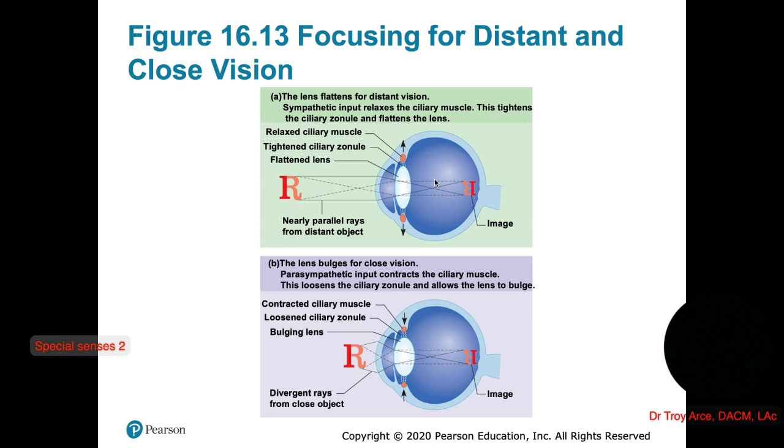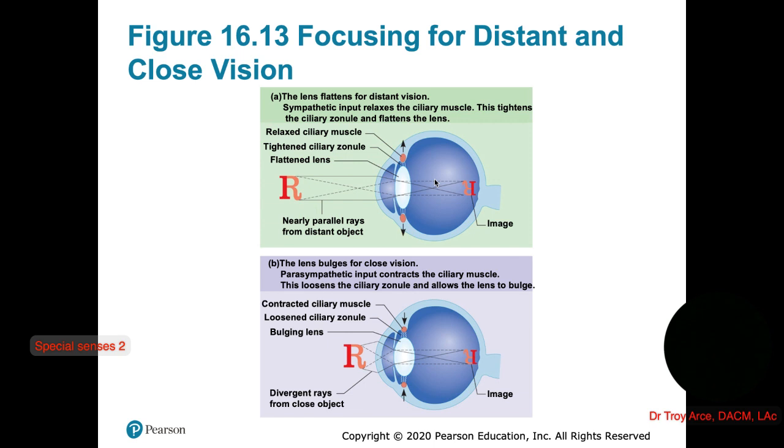As you can see here, the top picture has the lens that flattens for distance vision. So you can see the lens there, and then on the bottom picture, it bulges for close vision. And you have the relaxed ciliary muscles that are on the superior part of that lens, and the inferior part, that pull the lens thinner.